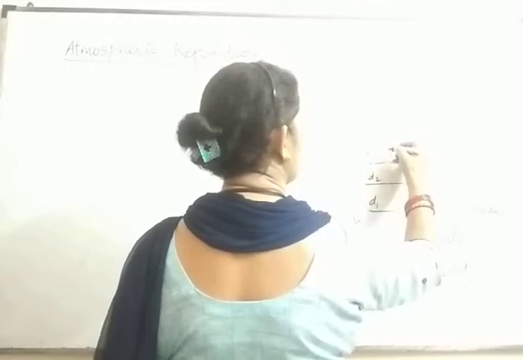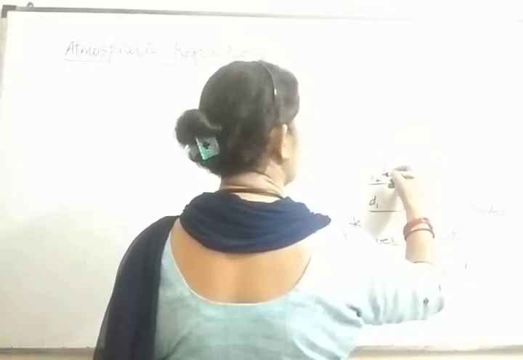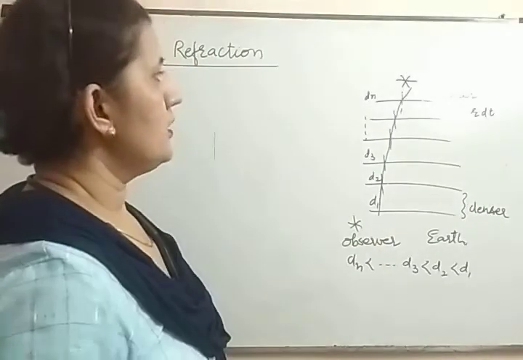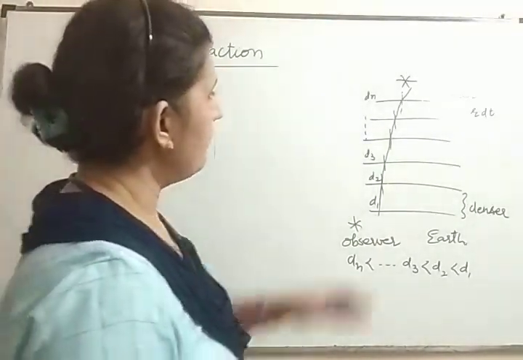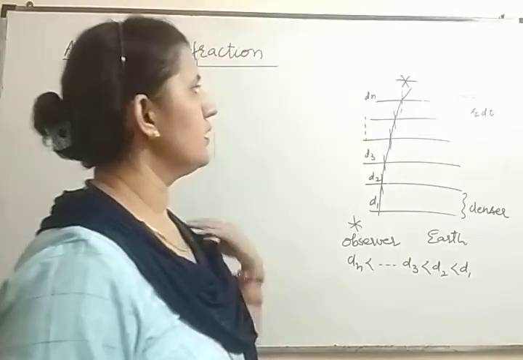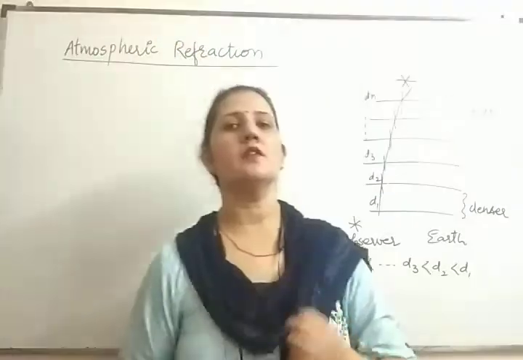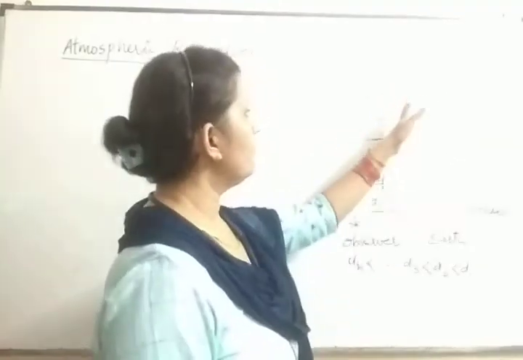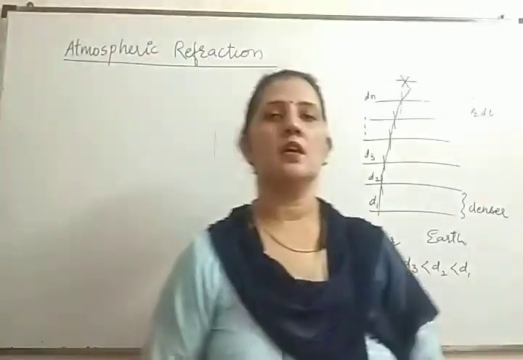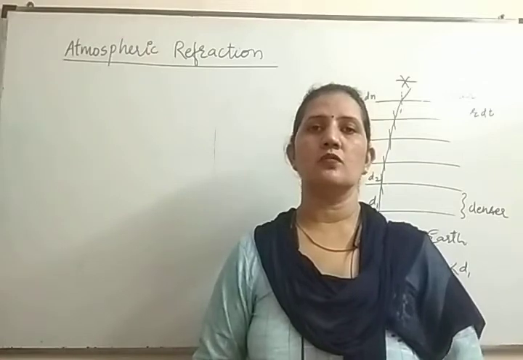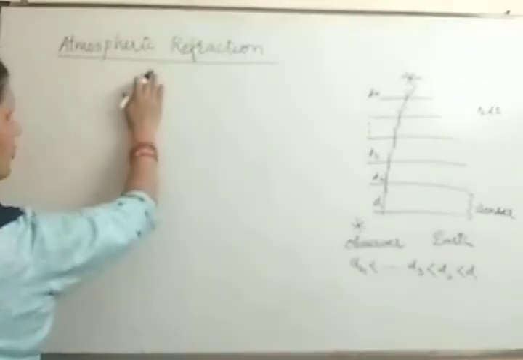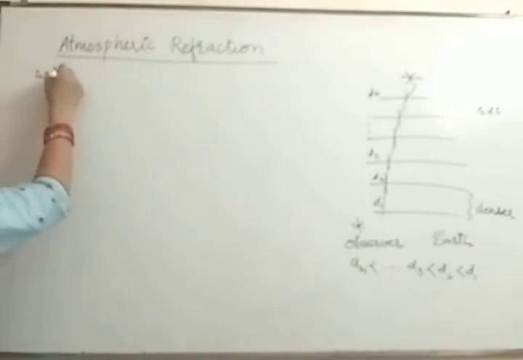In this way the light suffers multiple refraction in the different layers of the atmosphere, and this kind of refraction suffered by light while traveling through different layers of the atmosphere is known as atmospheric refraction.